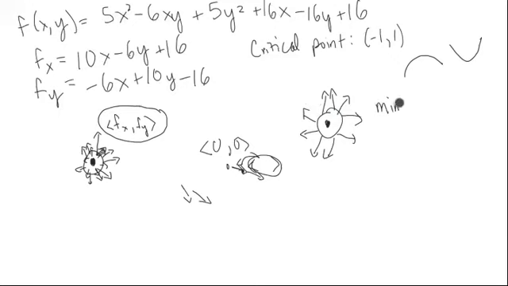So let's look at this case and think about what we need for that to occur. The second derivative is how the derivative changes, and we want it to reflect this. So let's take the derivative of the derivative. To do that, let's think about the derivative as having two outputs, an fx and an fy.